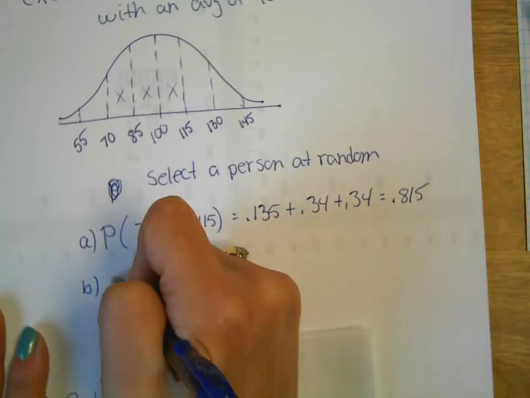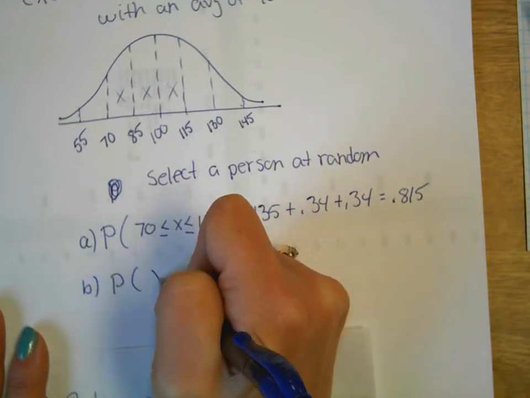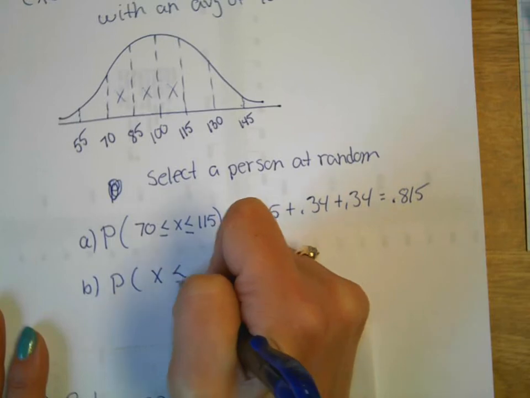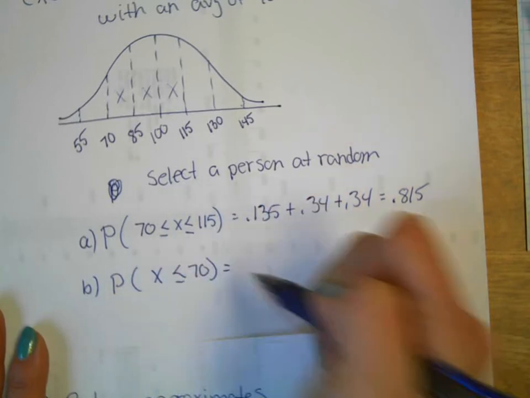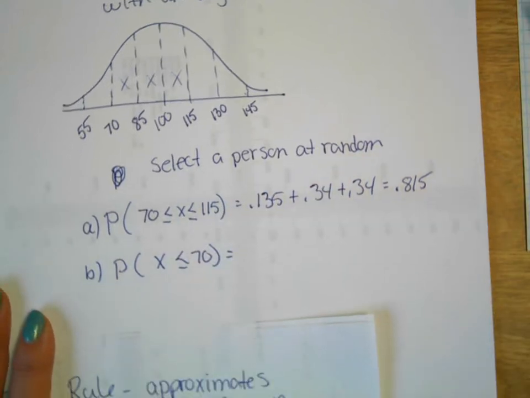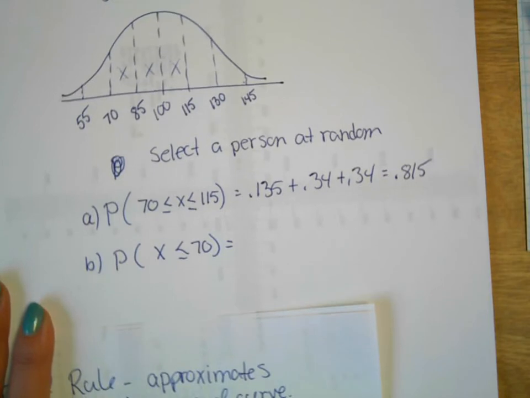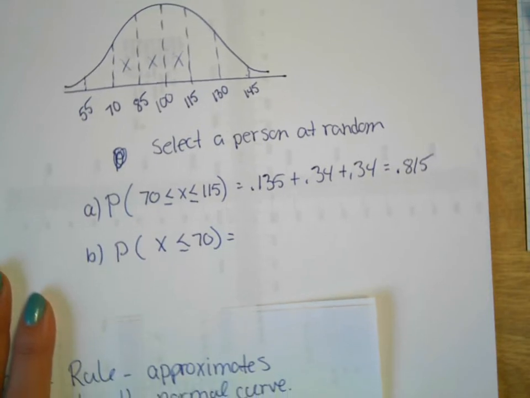Last one then. What's the probability your person has an IQ score less than 70? Find the 70 mark. It's not likely, by picking one person at random from the population, but there are still people there.